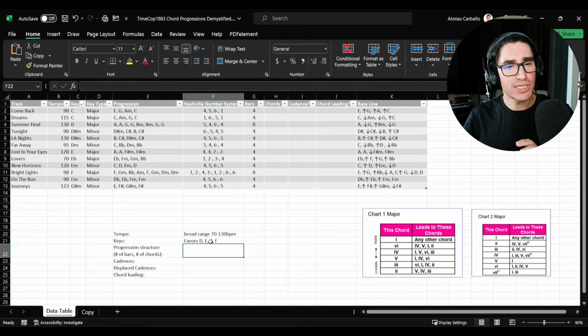However, on the piano, you tend to favor certain things. If you are a keyboard or a piano player, you may tend to use keys that have flats, so it's different from what a guitar player would do. If you're a sax player, then you would tend to favor certain keys because they're easier to play on the sax.